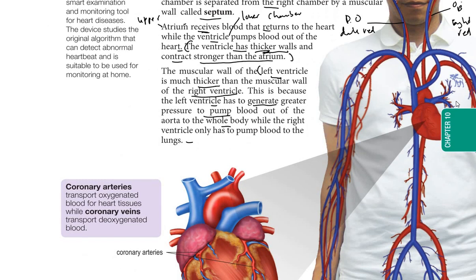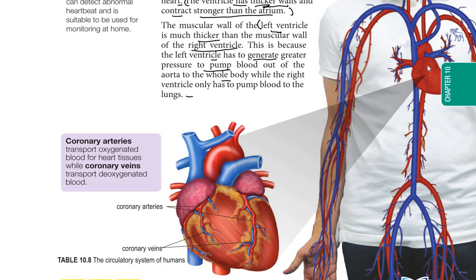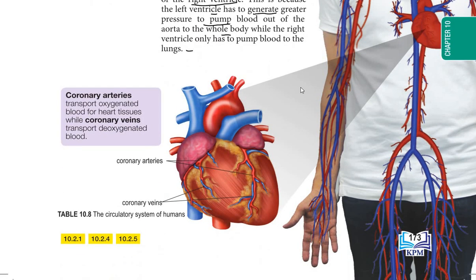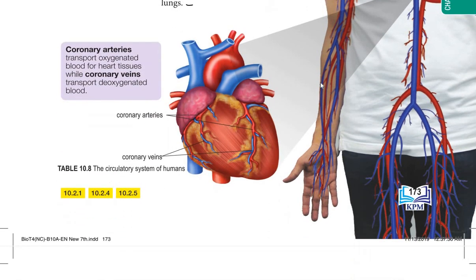All the blood vessels are connected to the heart. We are going to learn about the blood vessels in another topic. In the heart, you never learned this in Form 3, we have coronary arteries and coronary veins.